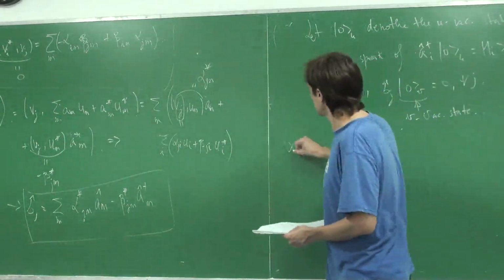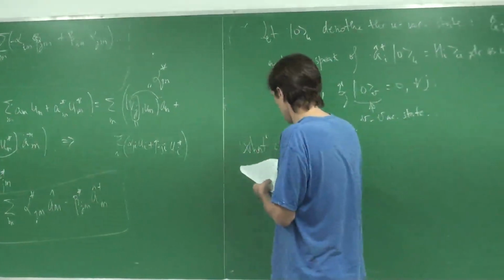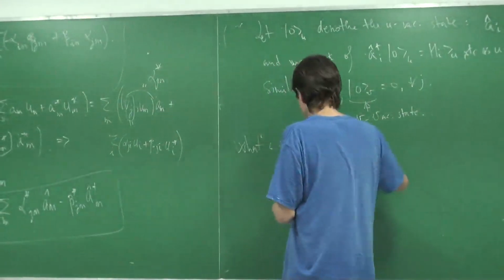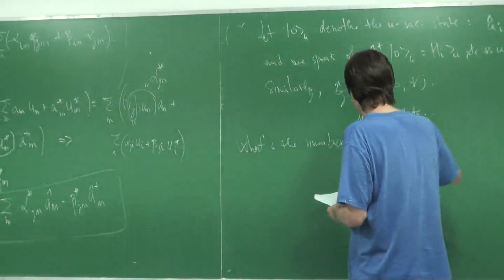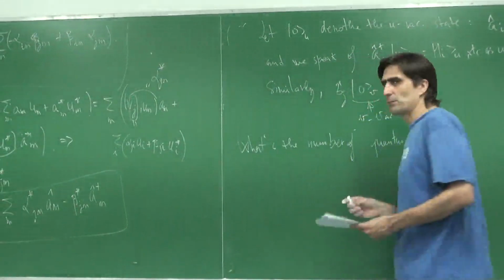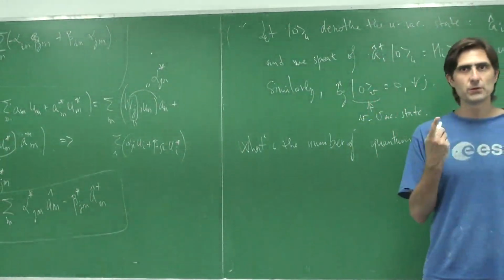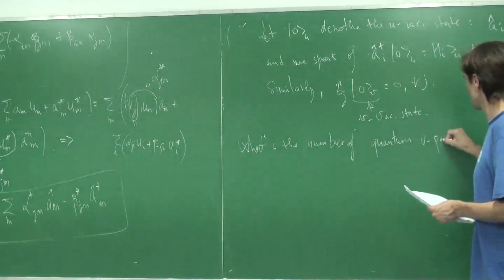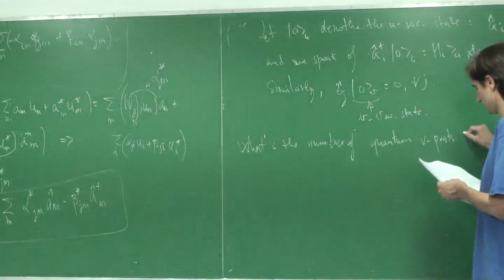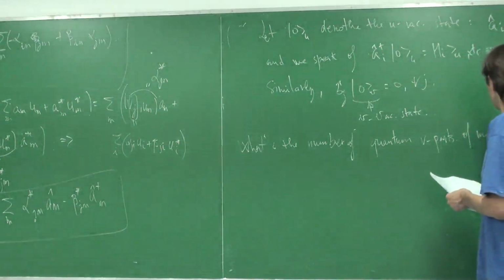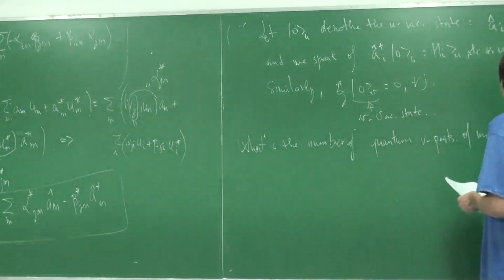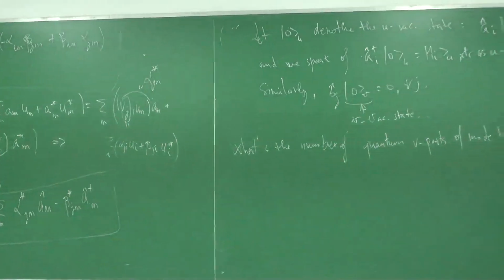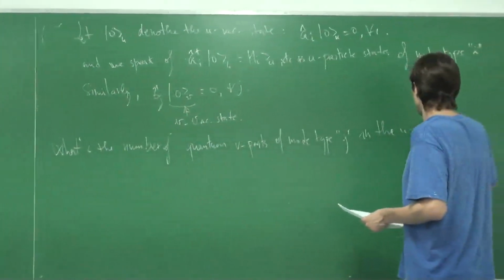So the big question is, what's the number of quantum particles? Now we need to distinguish between U particles and V particles. So the number of quantum V particles of mode type J in the U vacuum.